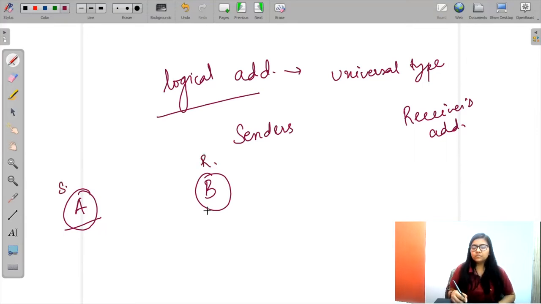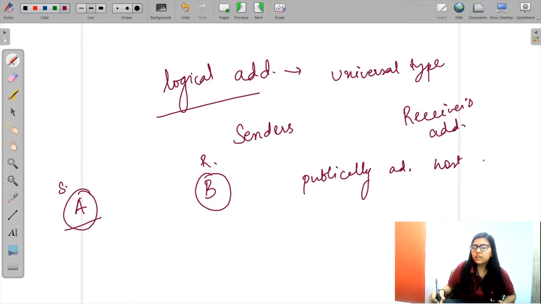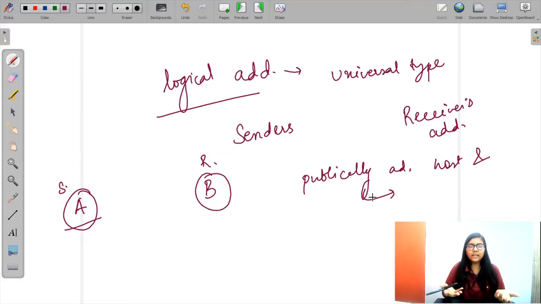One important thing is that publicly addressed hosts can have unique addresses only. No two publicly addressed hosts can have the same address. So here the addresses will be unique only.